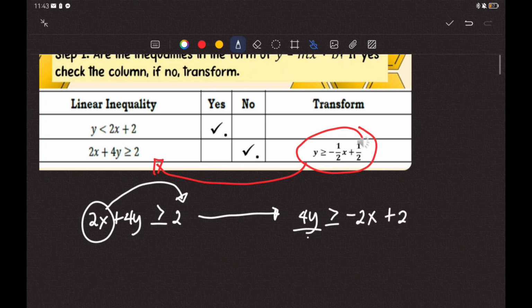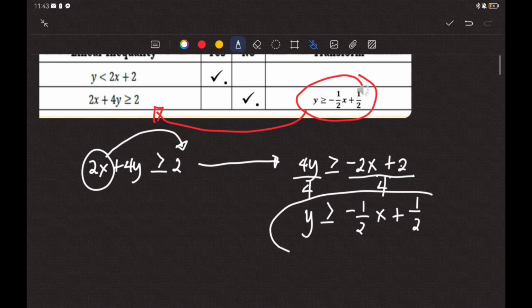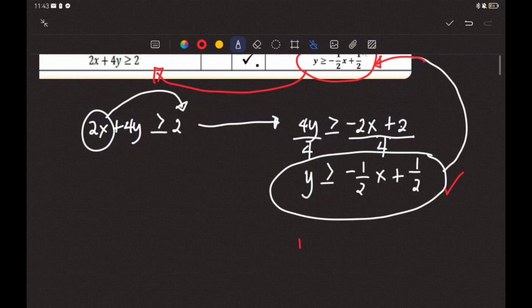Since you have 4 here, we need to divide that on both sides of the inequality. 4 divided by 4, that's y is greater than or equal to negative 2 divided by 4, that's negative 1 half, x plus 2 divided by 4 is 1 half. And this is the reason why it became like this. So this is the slope-intercept form, making our slope negative 1 half and our y-intercept positive 1 half.